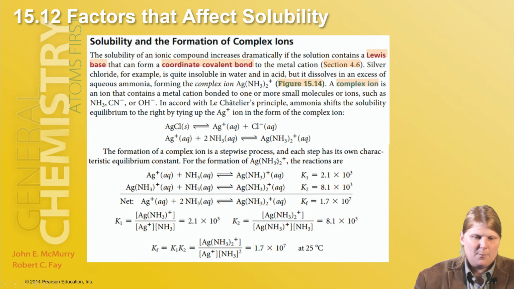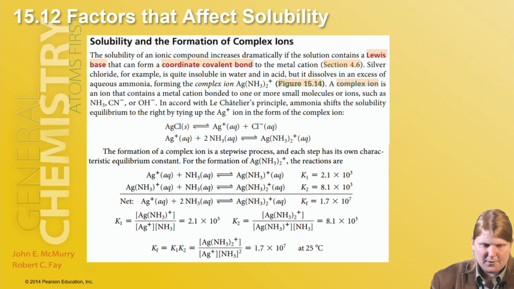Now let's talk about complex ions. We talked a little bit before about how the addition of Lewis bases like water to a Lewis acid like the aluminum ion will create this hexavalent shaped structure. These are called coordination complexes, or coordinate complexes. They use coordinate covalent bonds to hold them together.